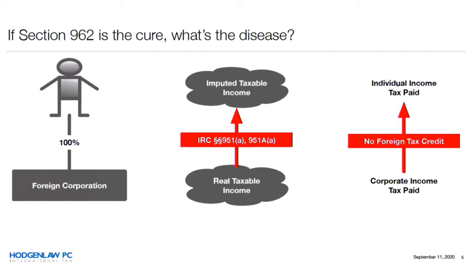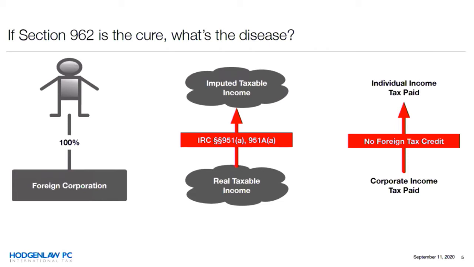And then because of Internal Revenue Code Section 951, which is Subpart F income, or 951A, which is global intangible low taxed income, the shareholder is going to have imputed gross income and pay individual income tax on that.